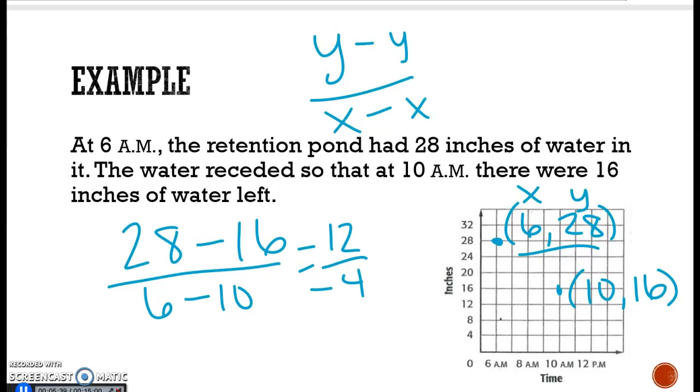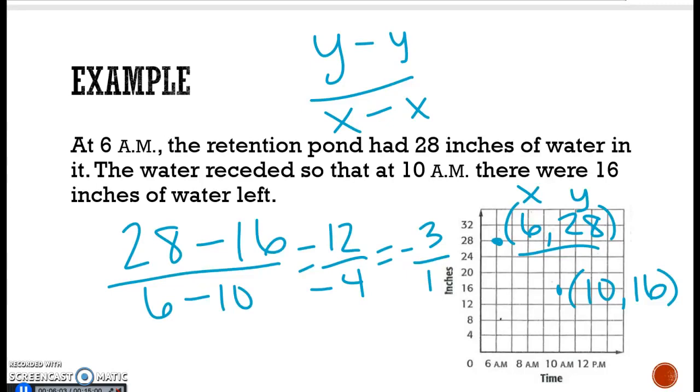If I were to simplify this fraction, it would be negative 3 over 1, because I'm going to divide both of these by 4. That negative sign, although it's on the bottom with the negative 4, it's okay that I moved it up on top. The negative sign doesn't necessarily mean it goes with a 4, it just goes with the fraction 12/4.